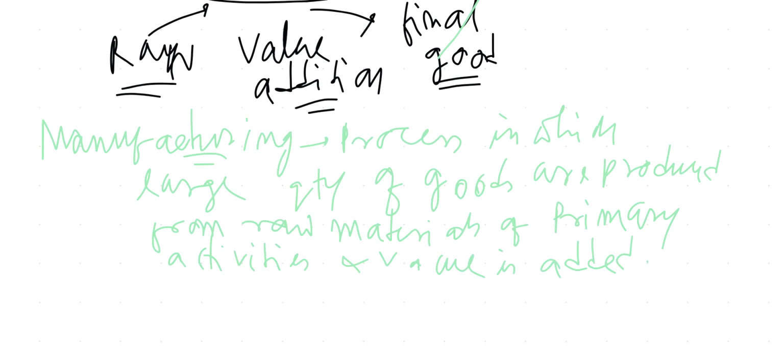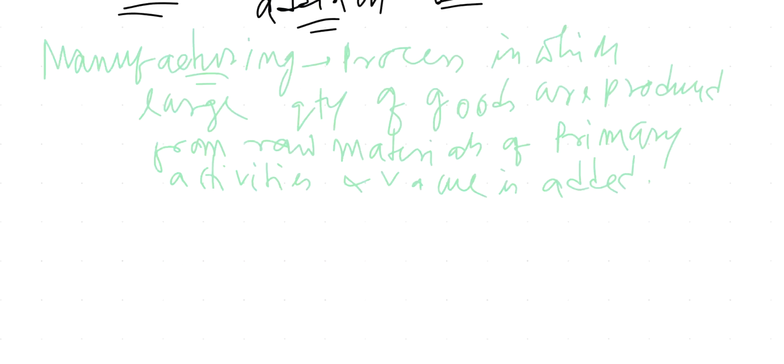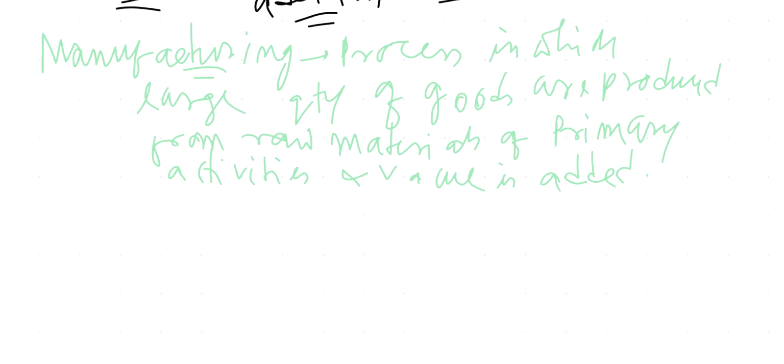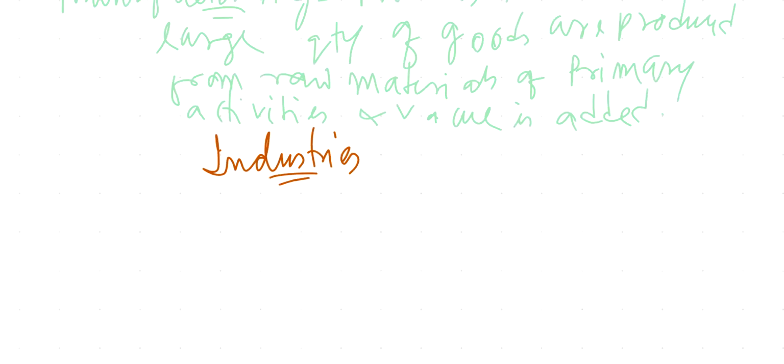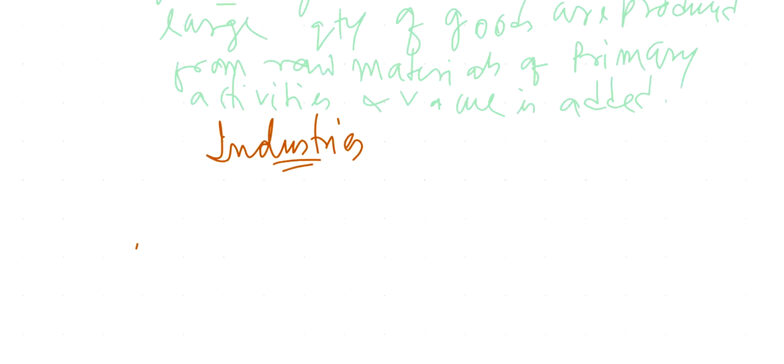Now, let's see where manufacturing is done. Manufacturing is done in industries. So industries are linked with the manufacturing process. Now, what is the usefulness of the secondary activities?